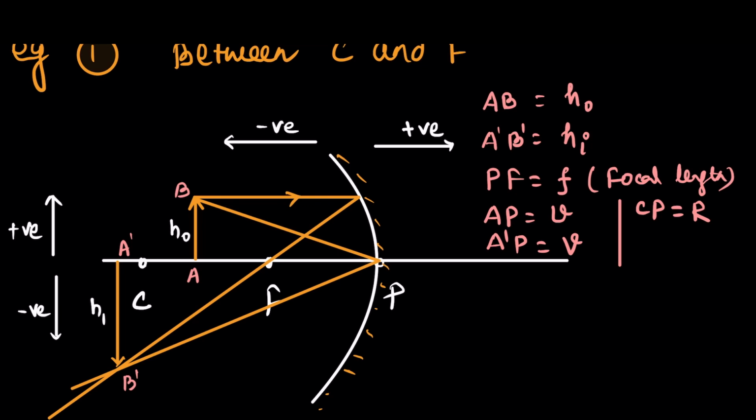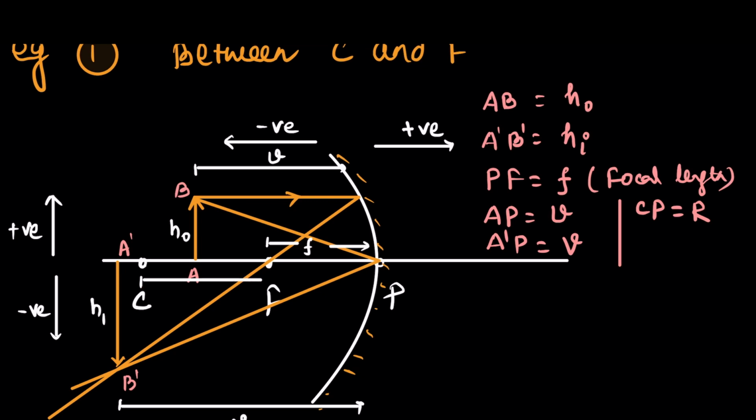This is our F, and here is the V, and this is U, and this part is capital R, radius of curvature.